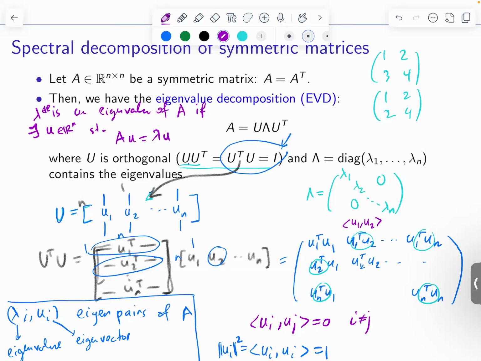So if you remember what I mentioned about matrices being operators, this is telling you how a matrix operates on a vector. That particular U remains in the same direction, because the input and output domain of A are the same. It's a square matrix. So AU is how A transforms U. Because the input and output are the same, it just maps it back to the same space, and it happens to be mapping it back in the same direction.